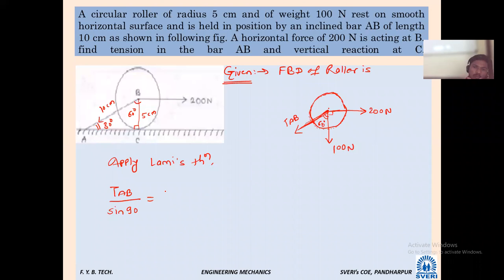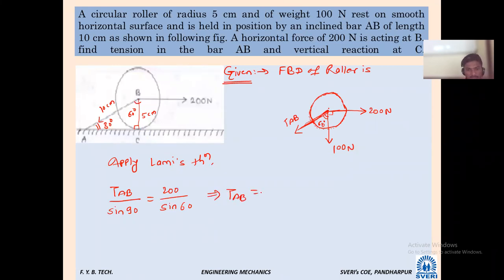It is not necessary to go for all the equations, I think. Just check. If I apply 200 divided by sine 60. So is it possible from this to calculate the tension in AB? Yes.